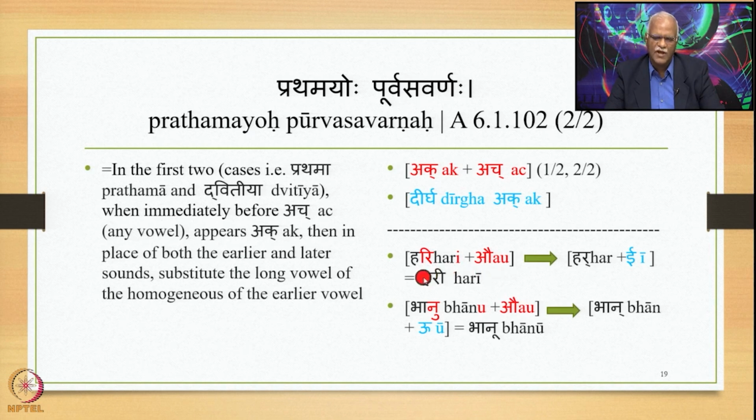So now in place of both of them, generally iko yanachi might apply, but now this sutra says that in place of both of them, substitute the long of this previous vowel. So we have har plus i, i substituting both this i and au. And so we get the finally derived form hari.